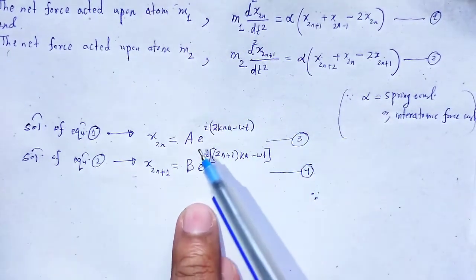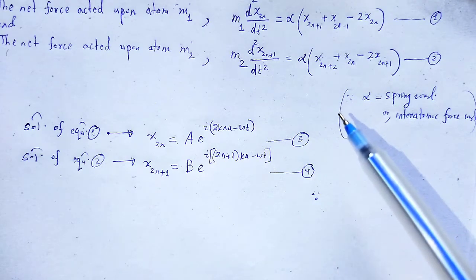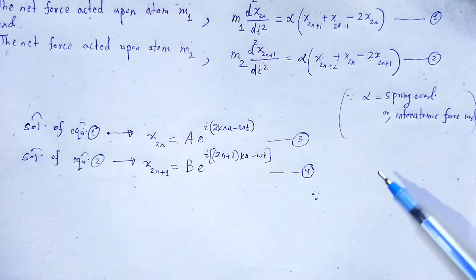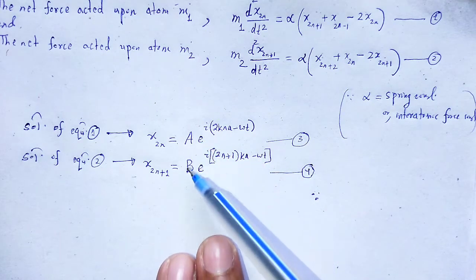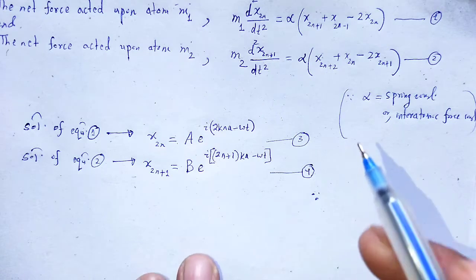Here, since we consider the diatomic lattice, the two masses are not identical, so their amplitudes of vibration are taken to be different.